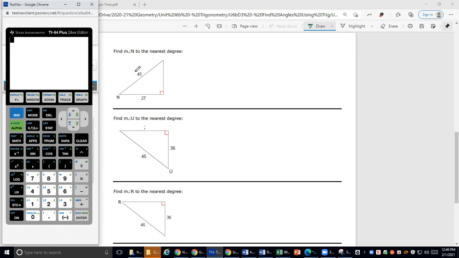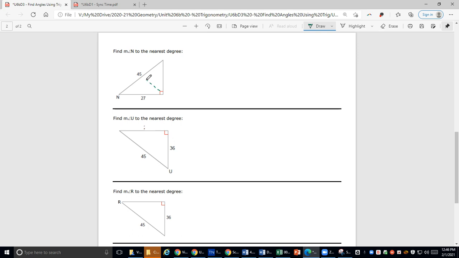All right, so remember the very first thing we want to do is we want to identify the hypotenuse. So the right angle is going to move us towards the hypotenuse. And then we want to figure out what angle we're looking at. So since I'm trying to find angle N, that's where my smiley face is going to go. And straight next to that one is your adjacent side.